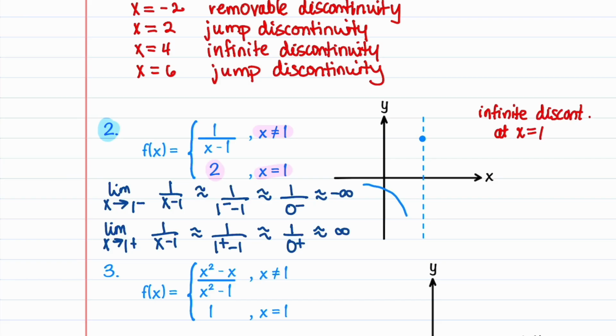So our function's going to look like this. And as we approach 1 from the right, it's going to go up to positive infinity. Later on in this course, we're going to be talking about horizontal asymptotes, which we really need to be able to understand this graph a little bit better. But for now, I just wanted you to see the graph so that you can see what it looks like when we have an infinite discontinuity.